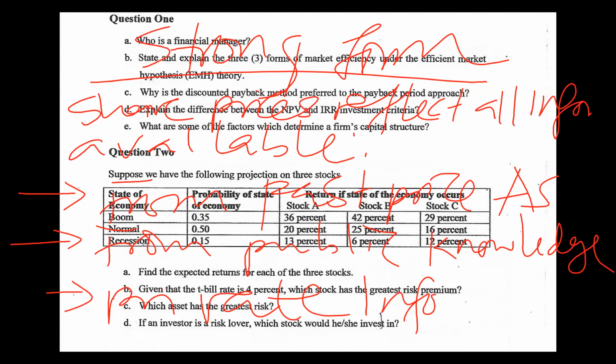Yes, but on this one, from the past price, you said what? From the past price changes. Yes. So I said that in a strong form, it means that the share prices reflect all the information available from past price changes.